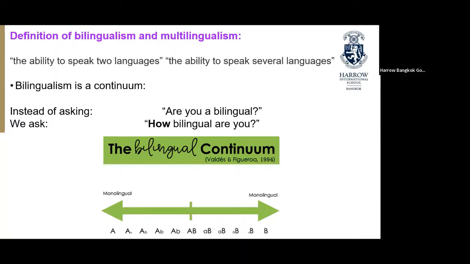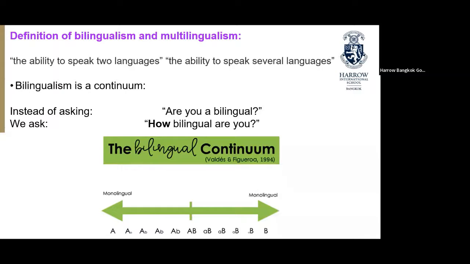So making sure we're optimizing it, because I could easily say, oh, I'm bilingual, I speak English, I speak Thai. I have very little Thai. I would not say that my Thai is optimized. It's certainly not going to get me through a conversation at an academic level or a conversation in a workplace. I might be able to direct a taxi, but that's about my level of Thai.